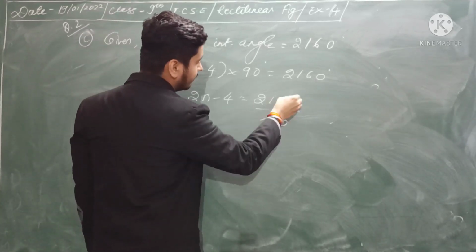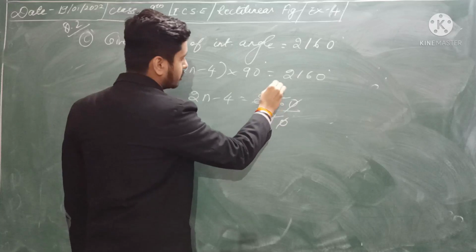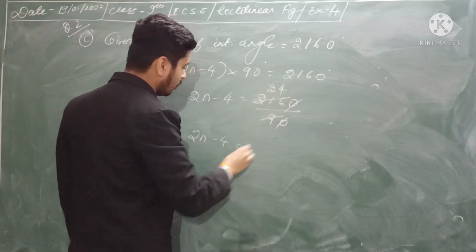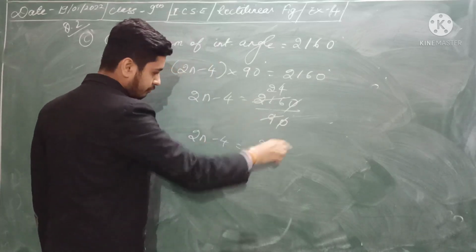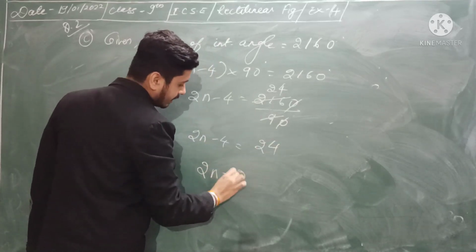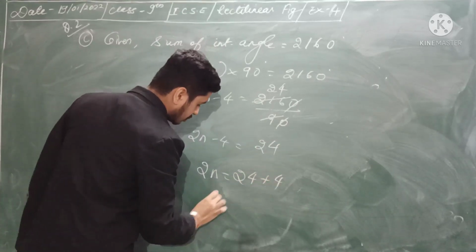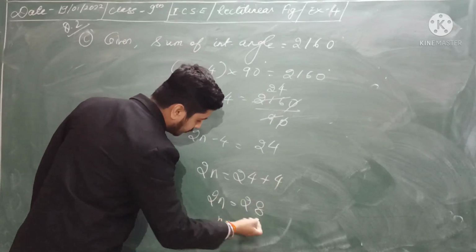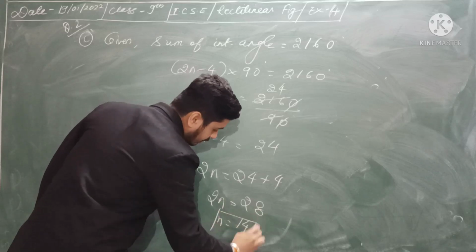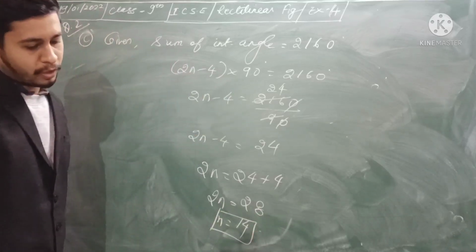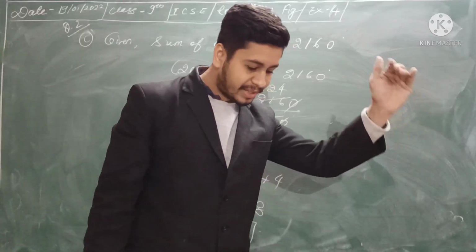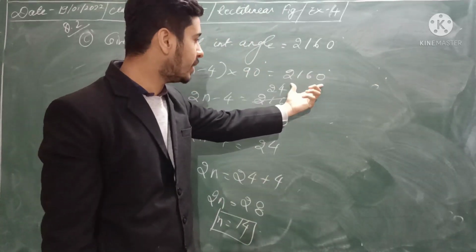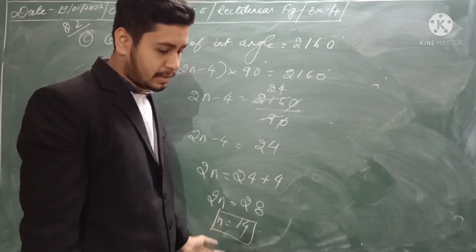Then with the table of 9, we get 24. This minus 4 can be transposed there, so it will be 28. So n will be 28 upon 2, which gives you 14. So n is equal to 14. Similarly, you can go with the other questions also. The very same criteria, you need to put the value here and get the value of n.